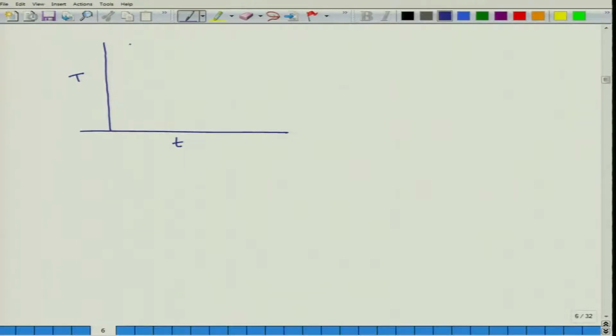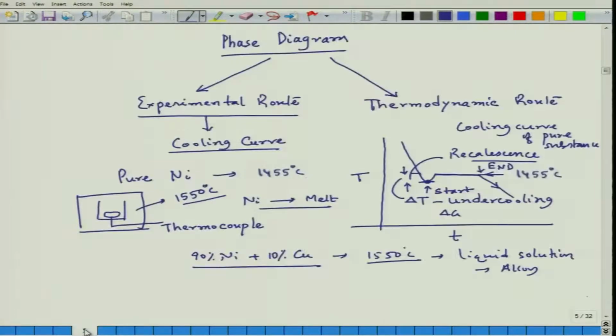Now, here initially it will cool down like this, where everything would be liquid. Here also if you see, till this range, it was all liquid, and once recalescence happens, then solid starts.